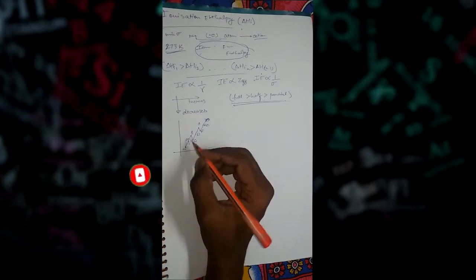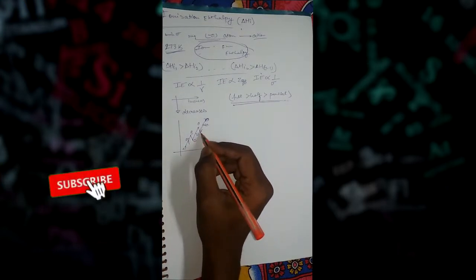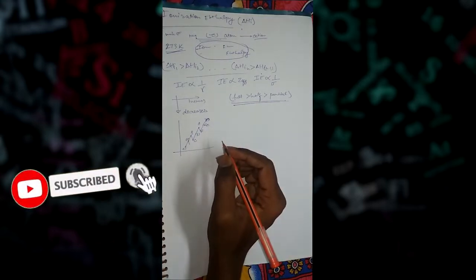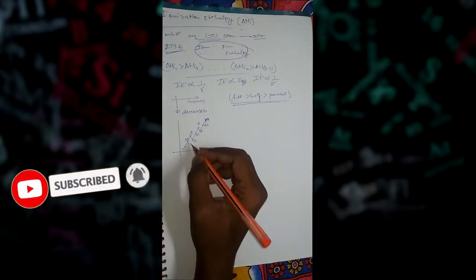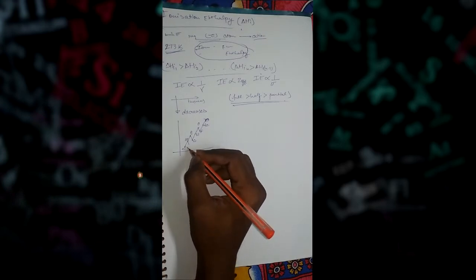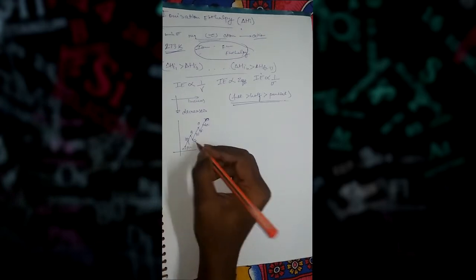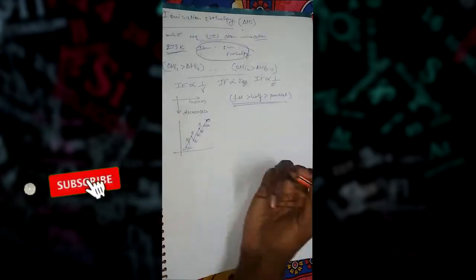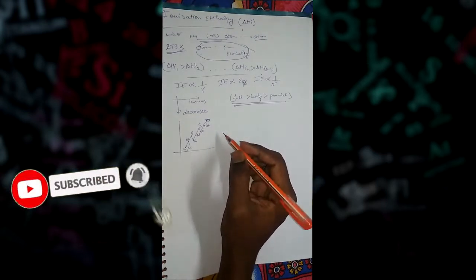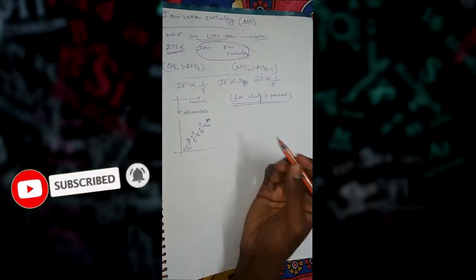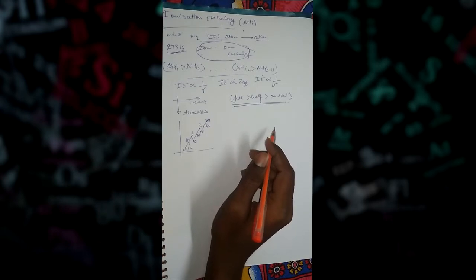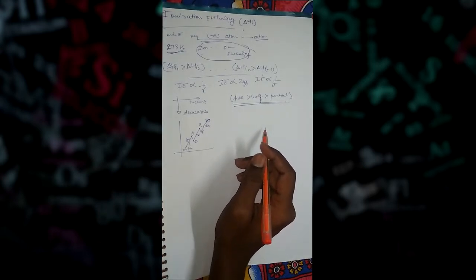And likewise it is for the third period also: sodium, magnesium, aluminum, silicon, phosphorus, sulfur, chlorine, argon. Now one more thing: the noble gas has the highest ionization energy in its respective period.